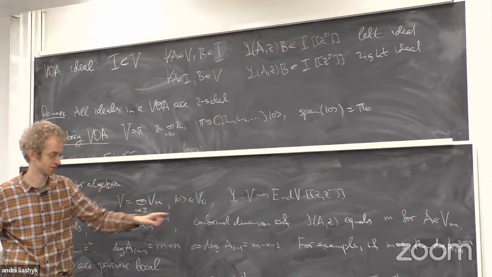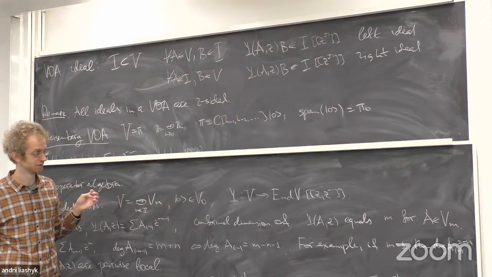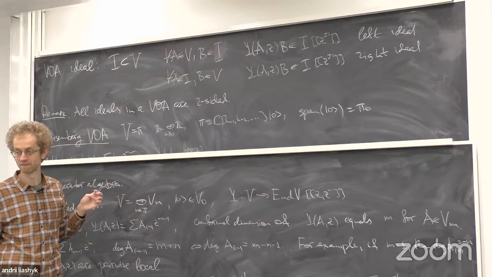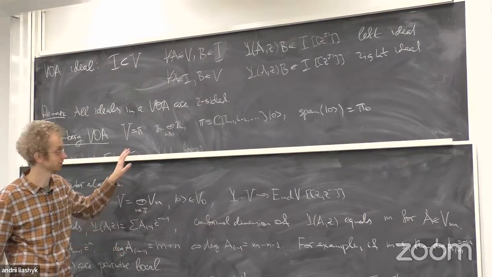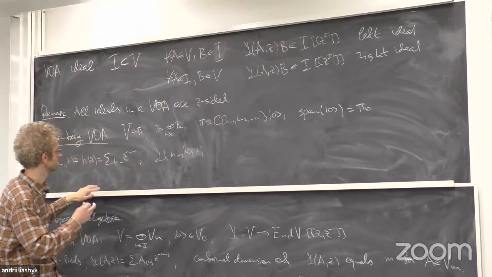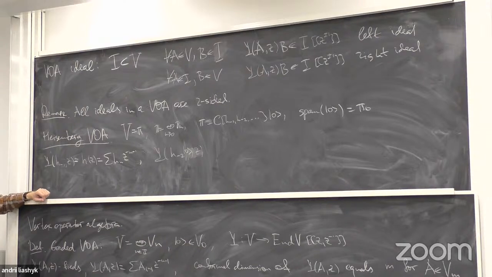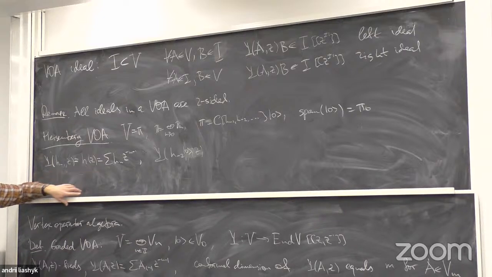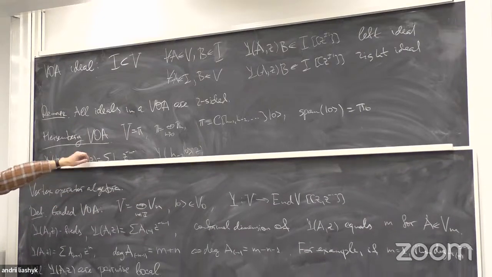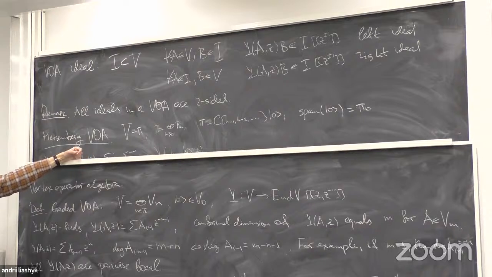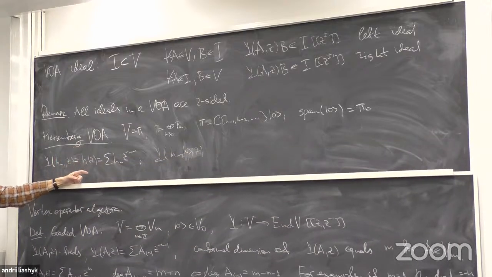So let's just read this line. And by the way, what is the conformal dimension of this guy? It's 1. And indeed, you see, if we take m equals 1, so a vector from V1, then the degree of an should be exactly minus n. And this is how it works here, yeah.